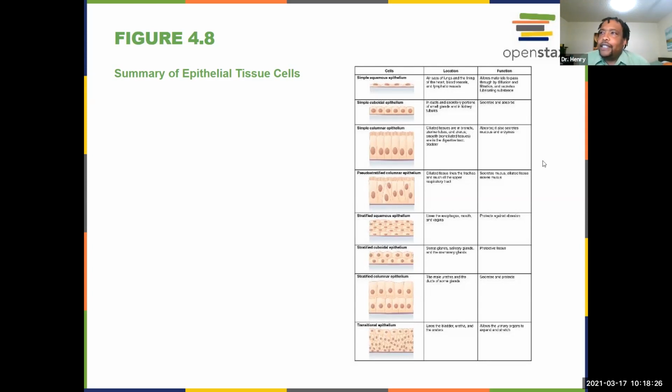Where did we see the simple columnar epithelial? We just talked about it. In the digestive system. Yeah, exactly. So it's able to secrete large amounts of mucus, and we can also use it for forms of digestion, slow digestion. I mean, slow absorption.